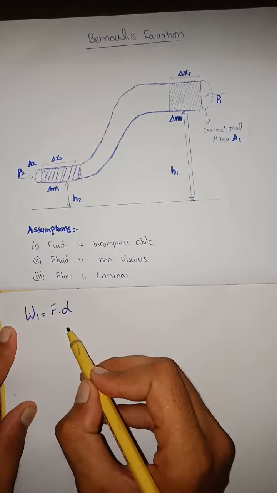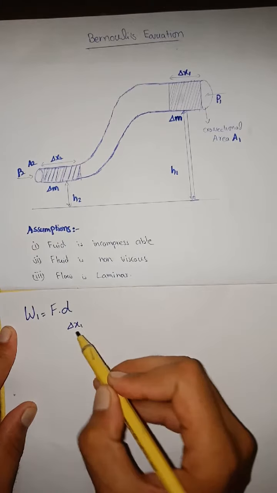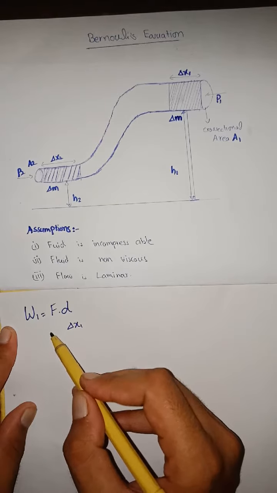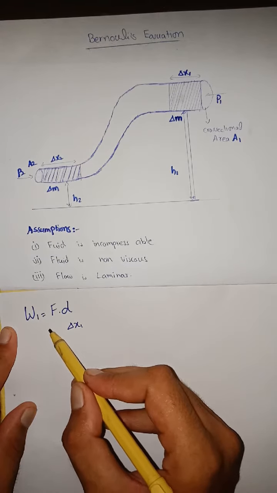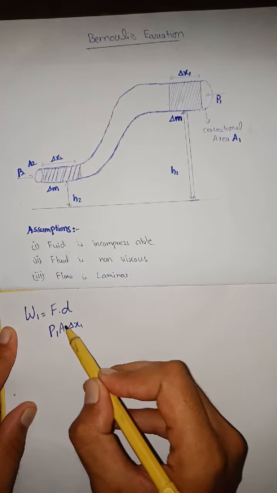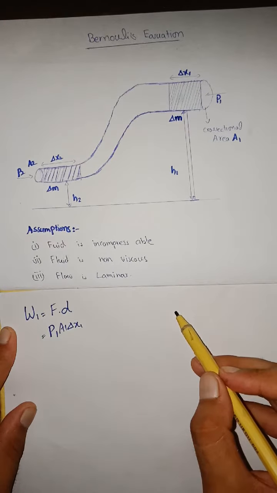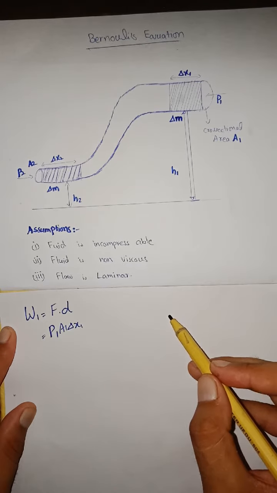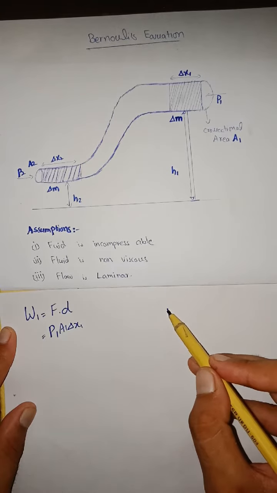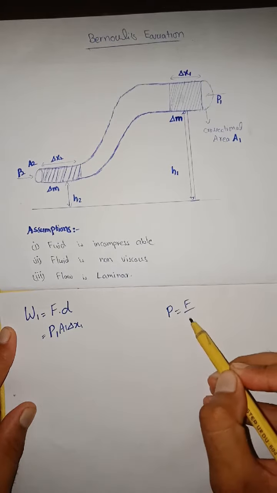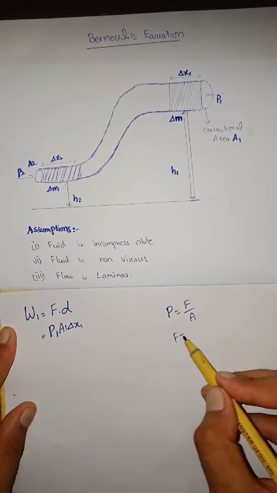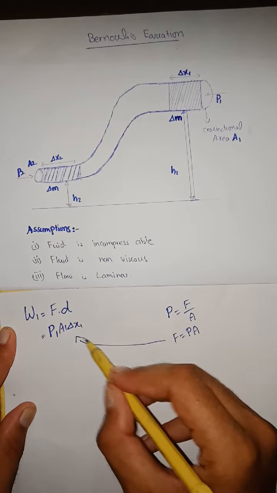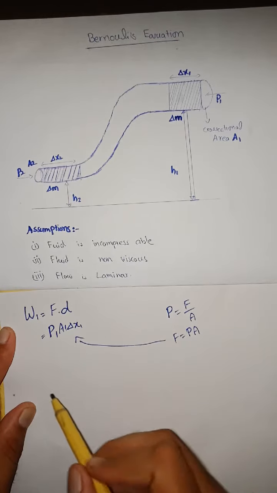Here the displacement is delta x1 as shown in the figure, and the force in terms of pressure and area is equal to P1 A1. For your convenience, I will mention here that pressure is equal to force per unit area, hence F is equal to PA, and we put this value here: P1 A1 delta x1.